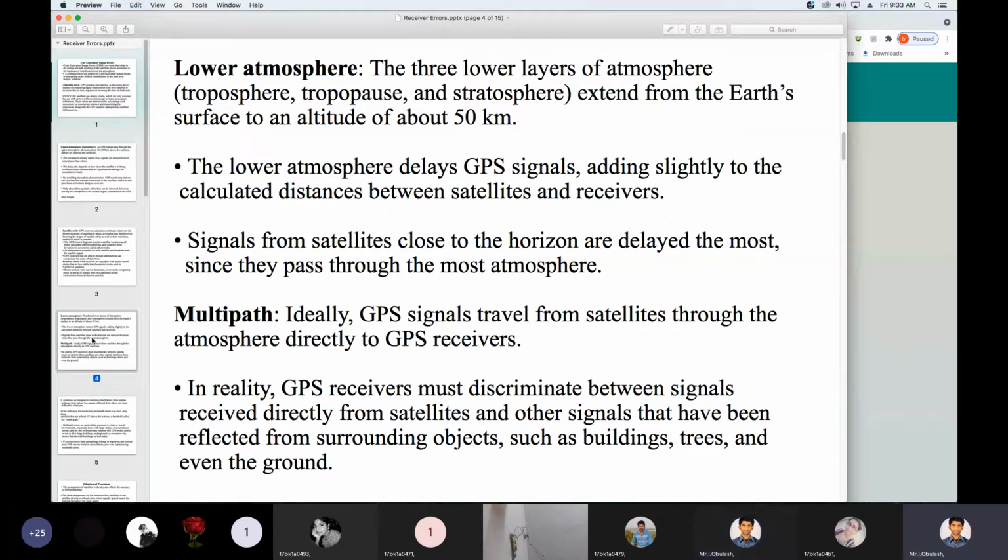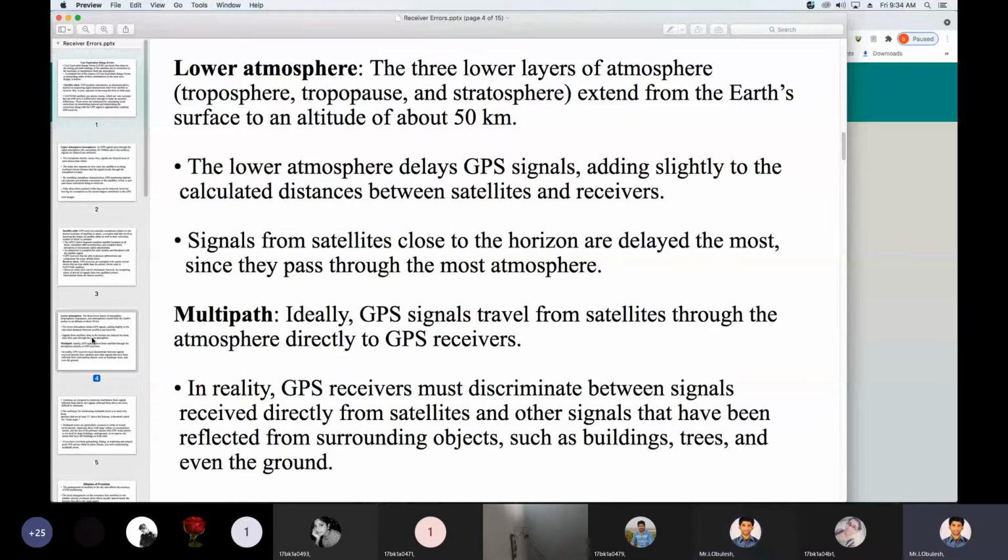These three lower layers extend from the Earth's surface to an elevation of about 50 kilometers.